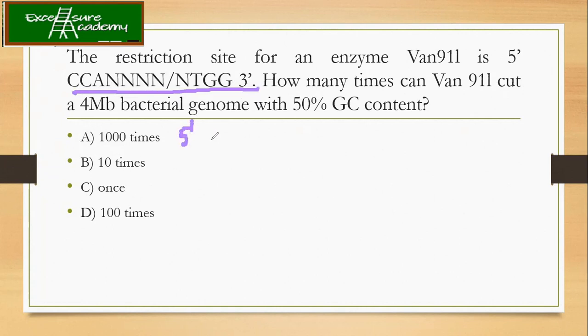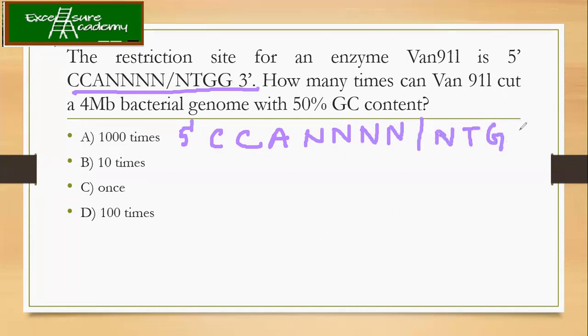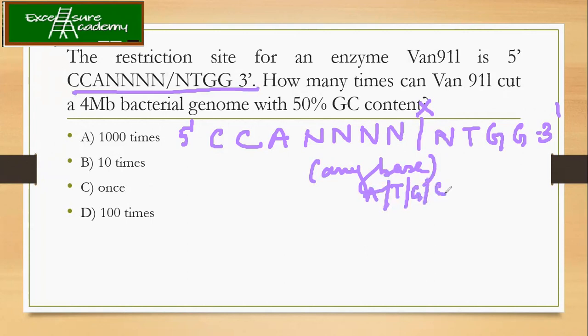So it is 5 dash C C A N N N, then there is a cut, N T G G 3 dash. Now this cut means that the enzyme is going to make a cut over here. And N means any base can occur. So it can be A, T, G or C.